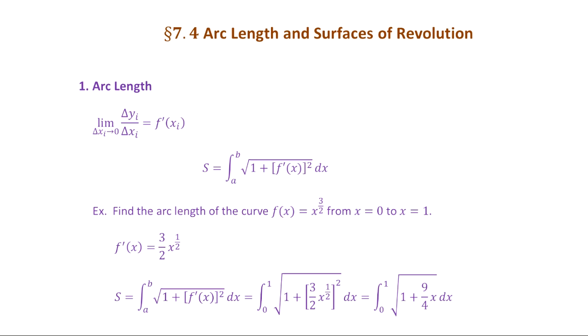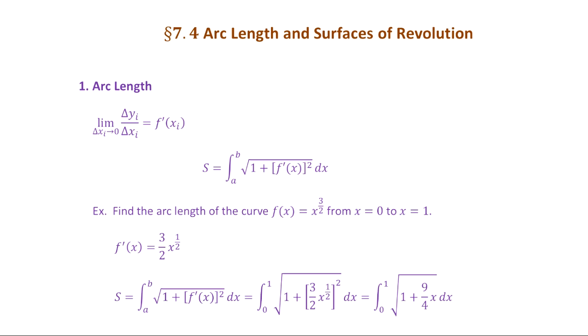Now, if you still remember the definition of derivative, it's the limit of the difference quotient, or the slope of the tangent line. So delta y over delta xi is the slope between two adjacent points, the slope of the secant line.